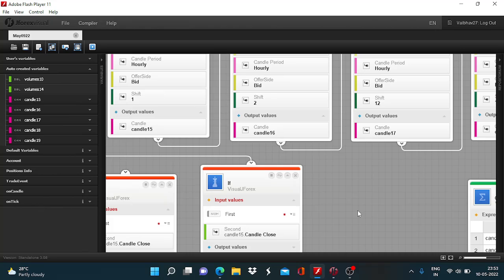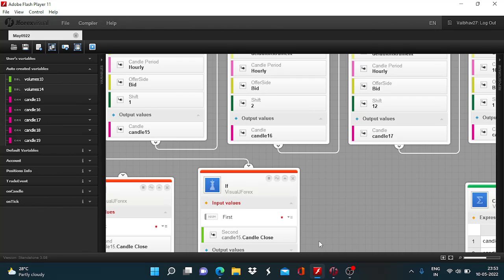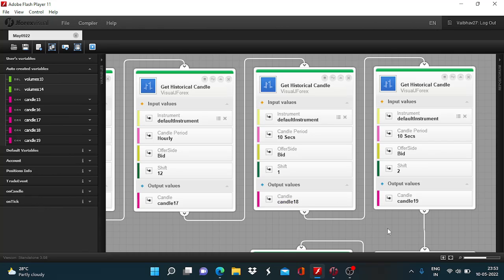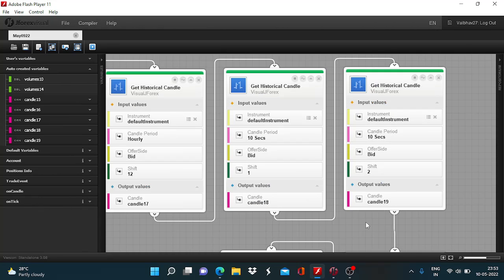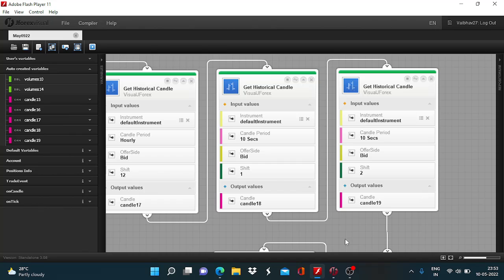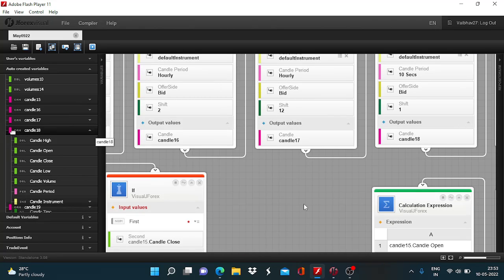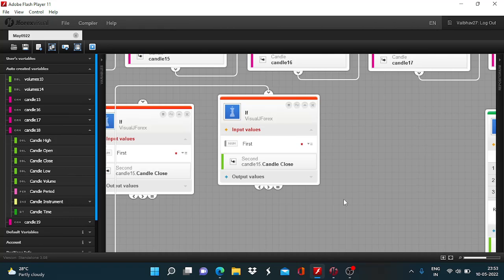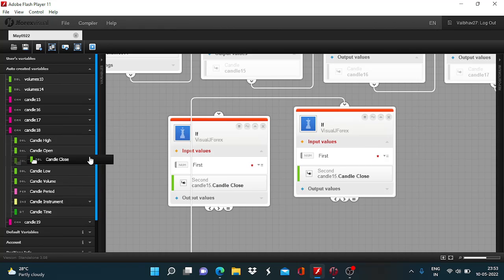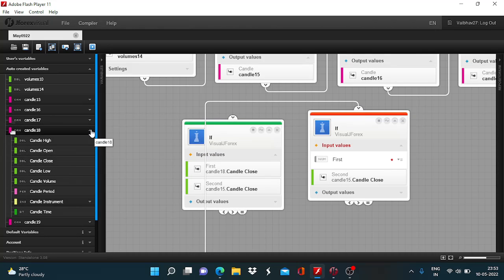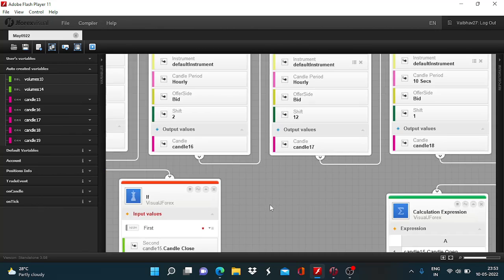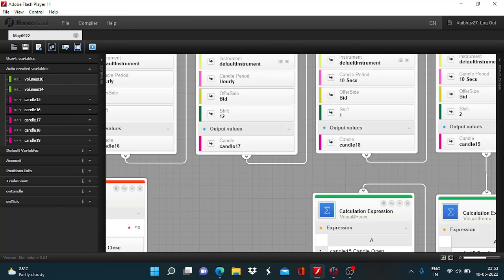Candle 15 candle close, and candle 18 candle close, and candle 19 candle close values. And candle 19 candle close.